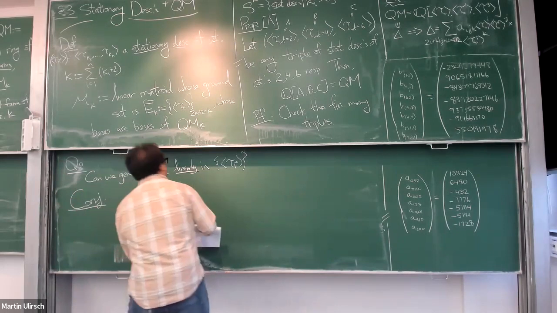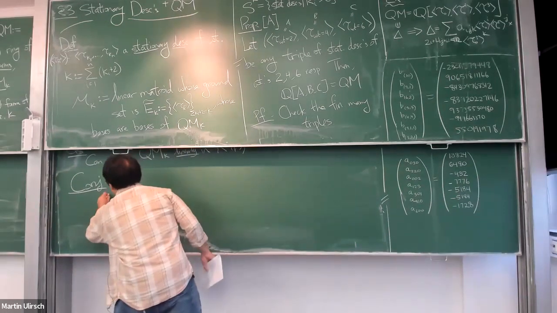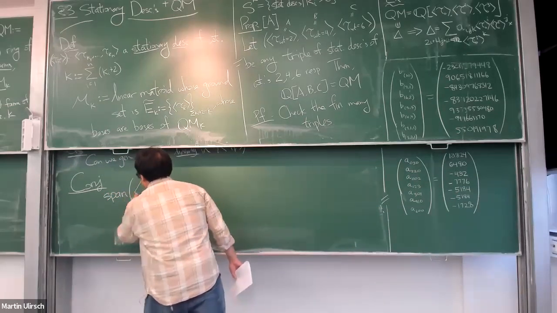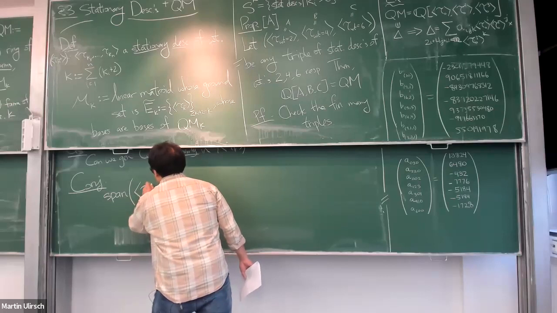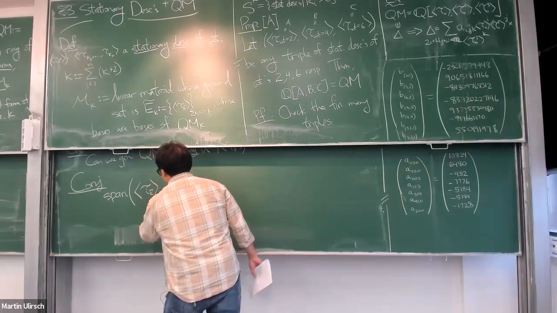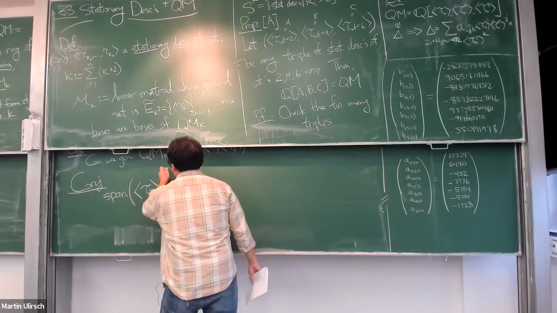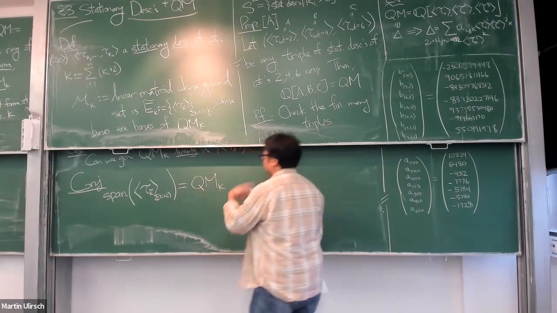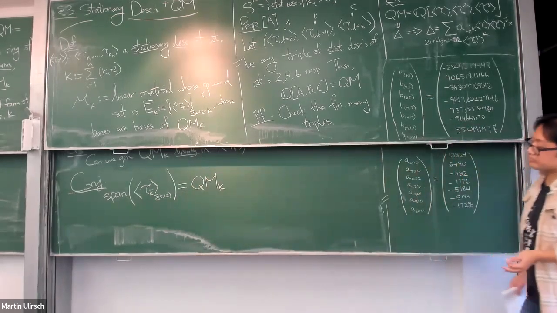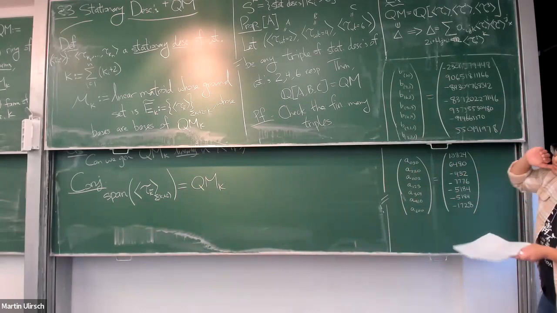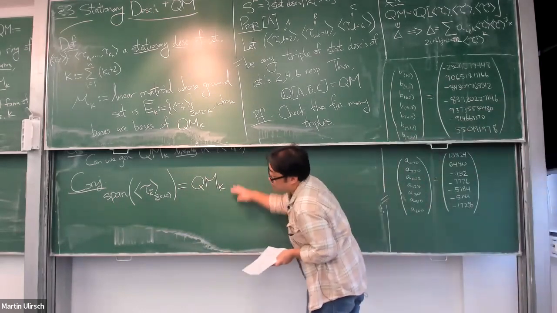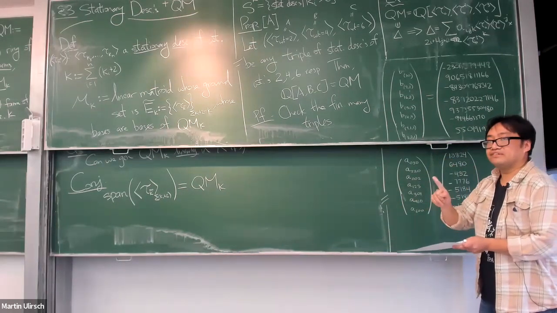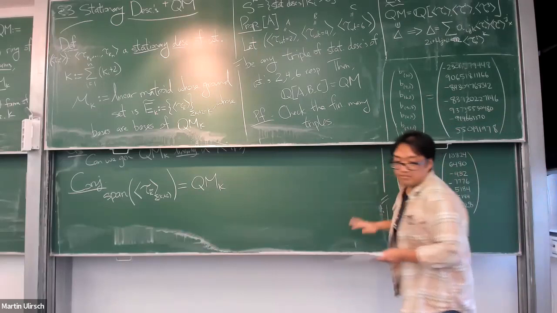I've corroborated it a lot on the computer, but basically the span of the stationary descendants of weight k in every example computed so far happens to be the entire ring of weight k quasi-modular forms. Okay, and so I don't know if this result is true for general k, but in the case we're concerned about, it's certainly true for k equals 12, and that's the part that I care about.